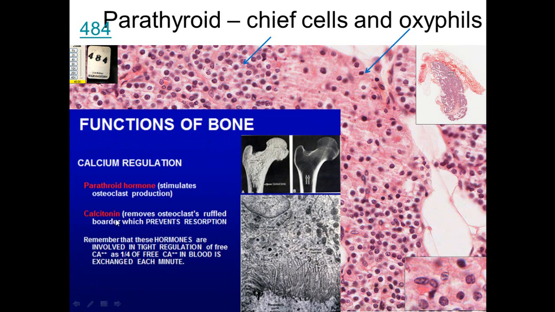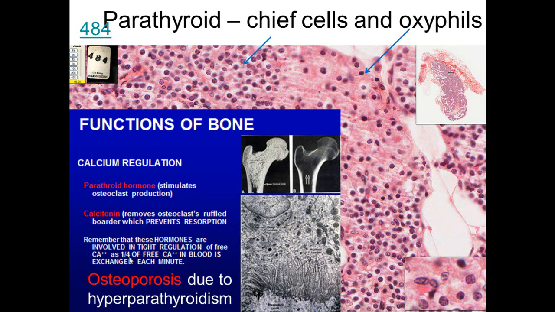Now remember, calcitonin was involved in removing the ruffled border, but parathyroid hormone stimulates osteoclast production, so it makes more osteoclasts. So parathyroid hormone increases free calcium in the blood.